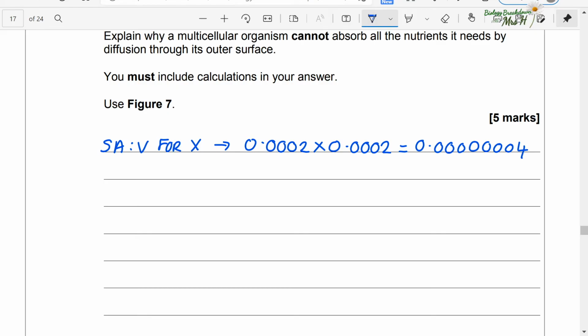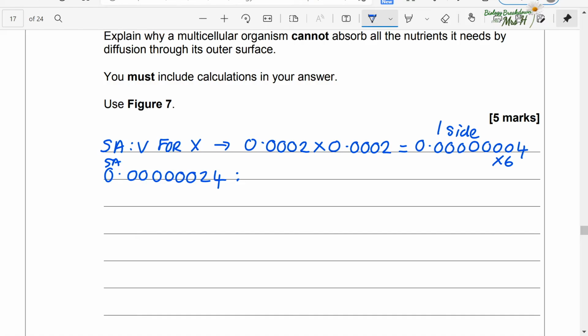And then we know we have to times that by 6 to give us the total surface area of the whole cube. So that is going to be 0.0000024. And of course you can put that into times 10 to the minus 8 or whatever it is to take all the zeros out.